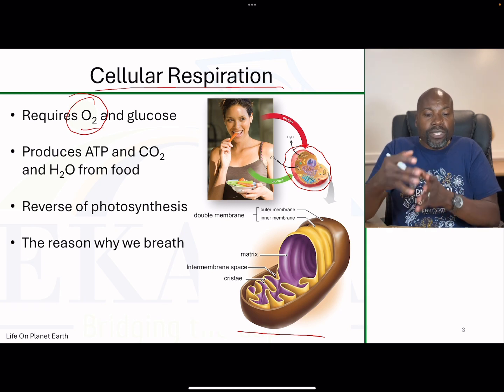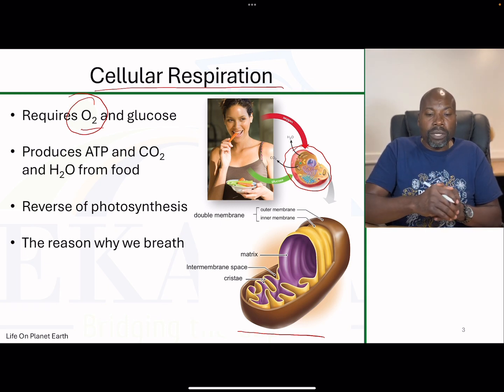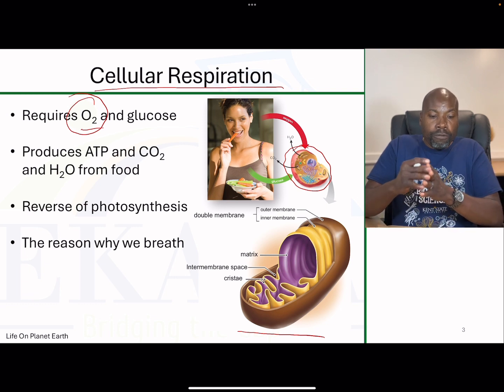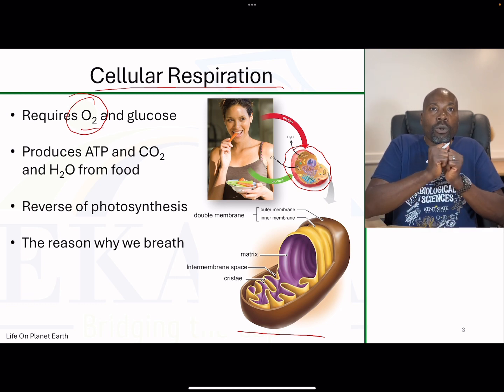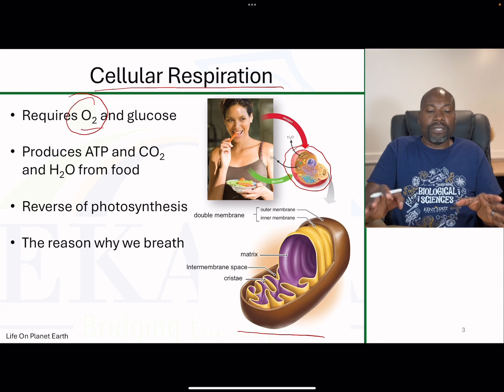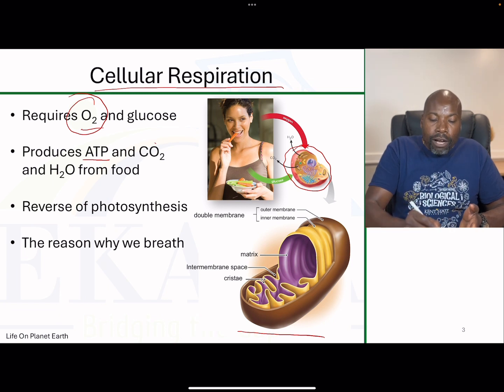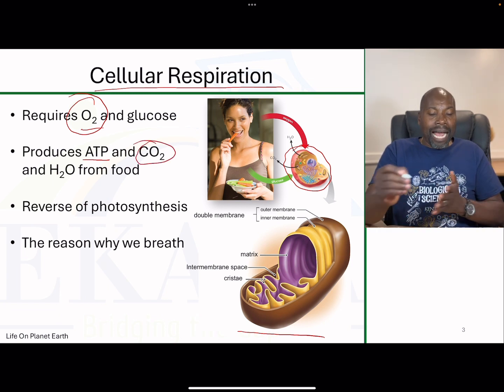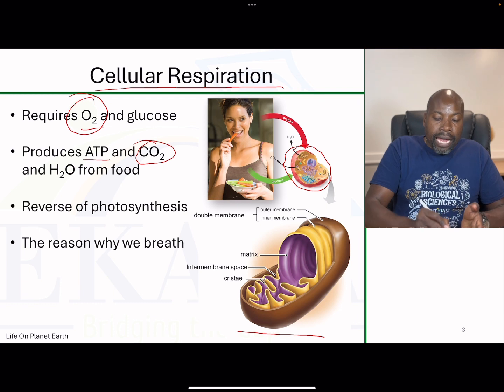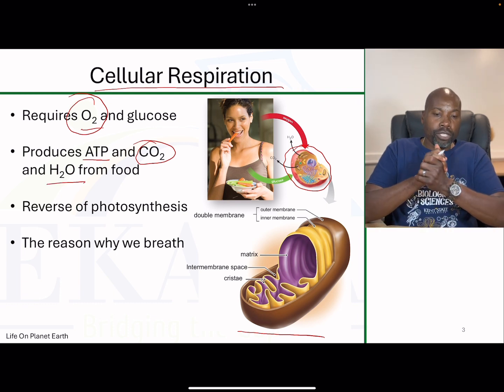And in the process of cellular respiration, using a source of food, that source of food is going to be broken down. At the end of the day, you have production of ATP, release of carbon dioxide as a byproduct, and water as a byproduct too.